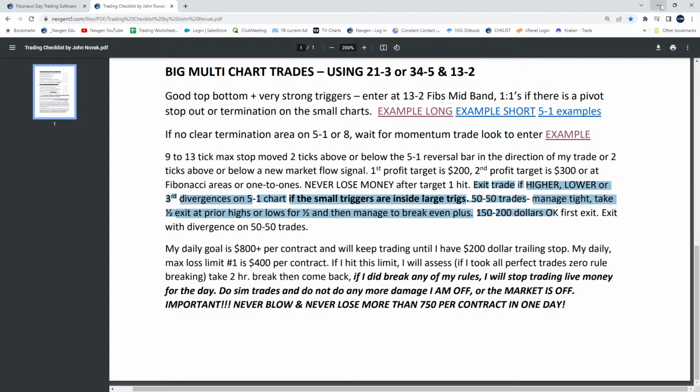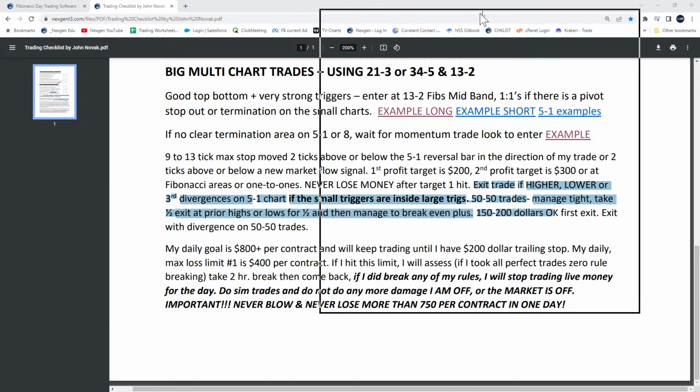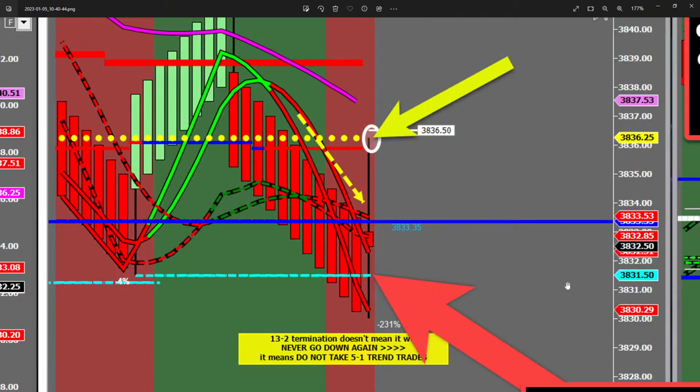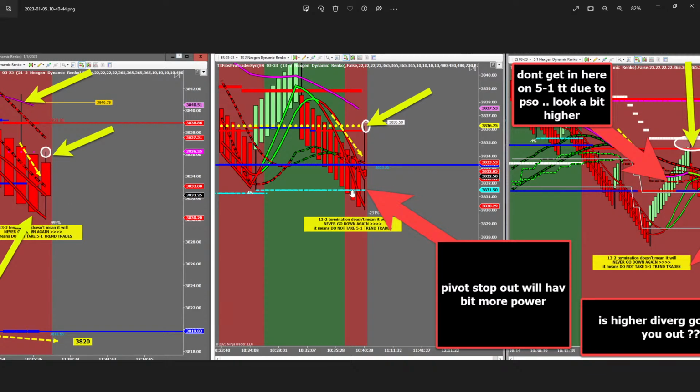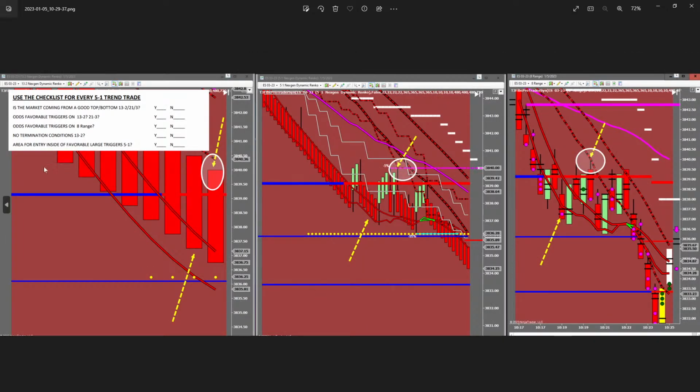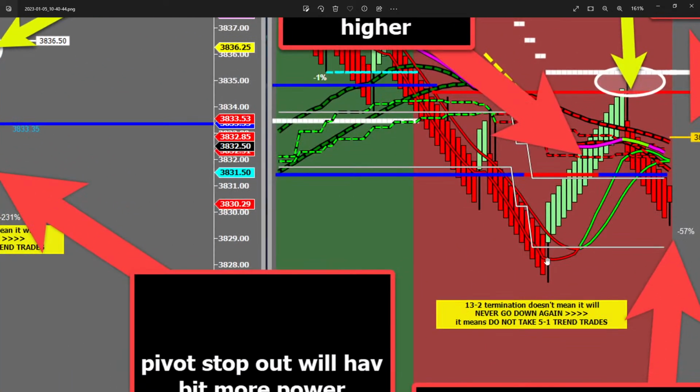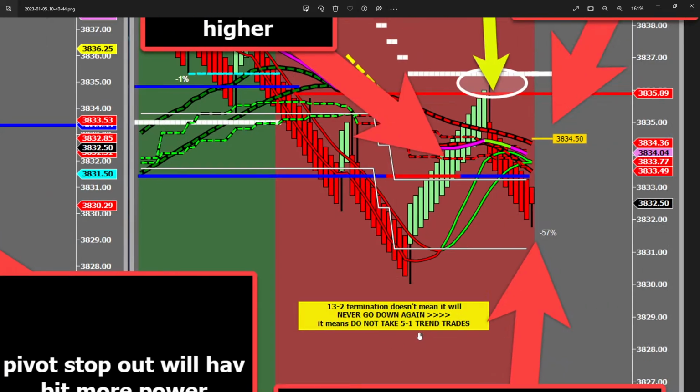So again, there's a lot of management stuff, but that's all in the management rules. So again, I think this one worked out fine for strong triggers, 50-50 with a pivot stop out. Oops. No divergence. Take the short. If you get a higher divergence, get the hell out.